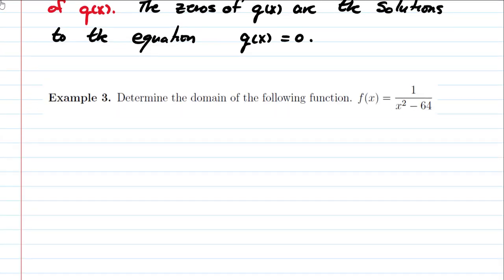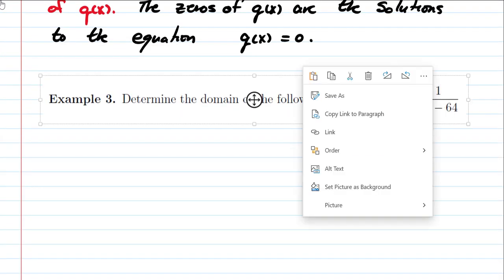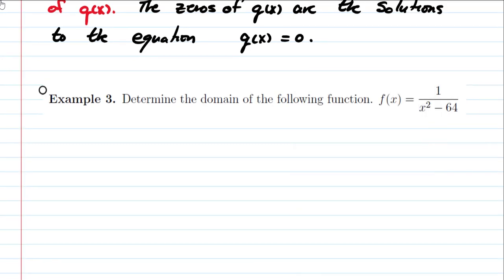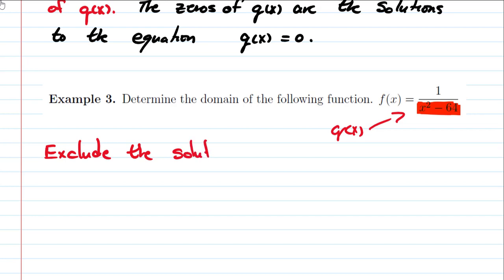So to find the domain of f of x equals 1 over x squared minus 64, we identify q of x. So our q of x is going to be x squared minus 64, and we need to exclude the solutions to x squared minus 64 equals 0 from the domain.